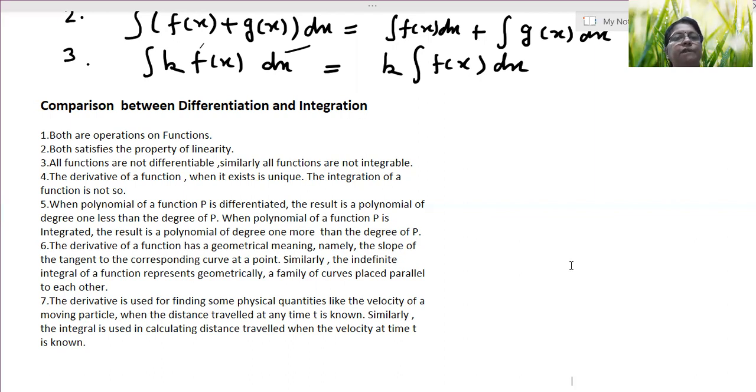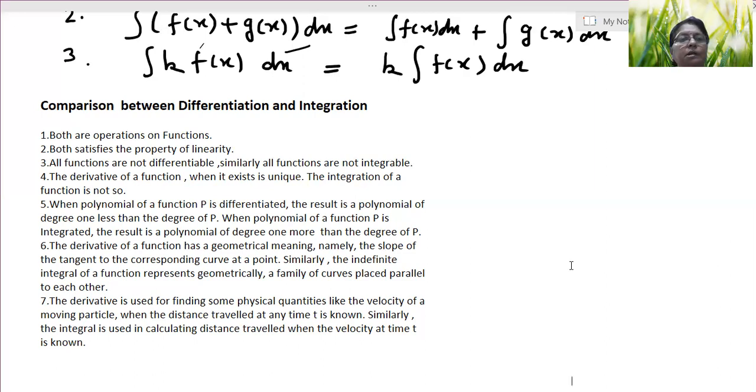But the integration of a function is not so, just because of the arbitrary constant. Clear? Because we are adding an arbitrary constant when you are getting the integration of a function, the integration of a function is not unique.